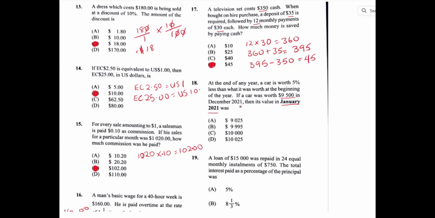Now that we don't know that and we're trying to find it, we have to divide 9,500 by 95%, which is 9,500 over 1 times 100 over 95. This will cross to give you that. And 100 by 100 is $10,000.